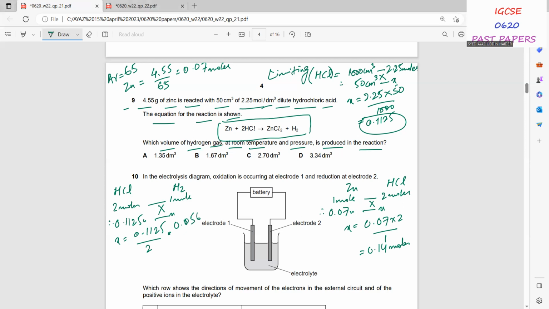These are the moles of hydrogen. We will multiply this by 24. 0.056 multiplied by 24. Answer is 1.344, which means 1.35. A will be the right answer for this question. Number 10. In the electrolysis diagram, oxidation is occurring at electrode 1 and reduction at electrode 2.